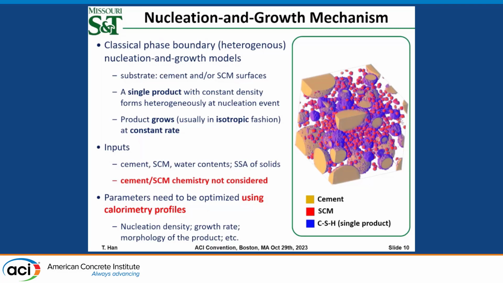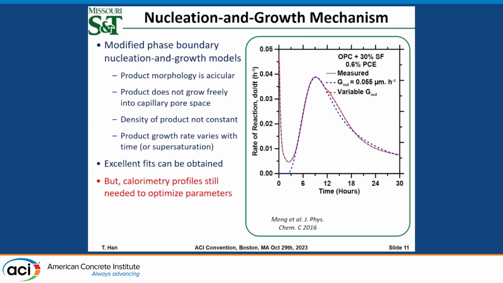Later, researchers developed another model called the modified phase boundary nucleation and growth rate model. This model solves the issue I mentioned previously. It can account for multiple products with different densities. Also, the growth rate of the hydrates changes with time. You can see the graph here. The blue line is from the classical model.